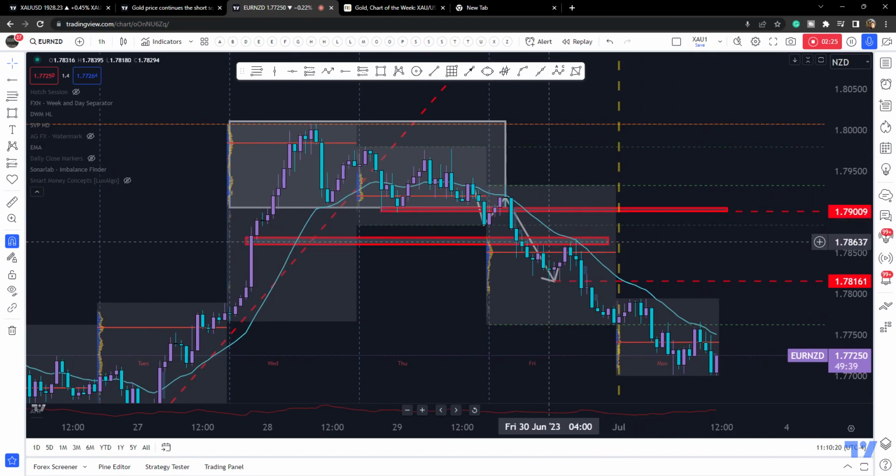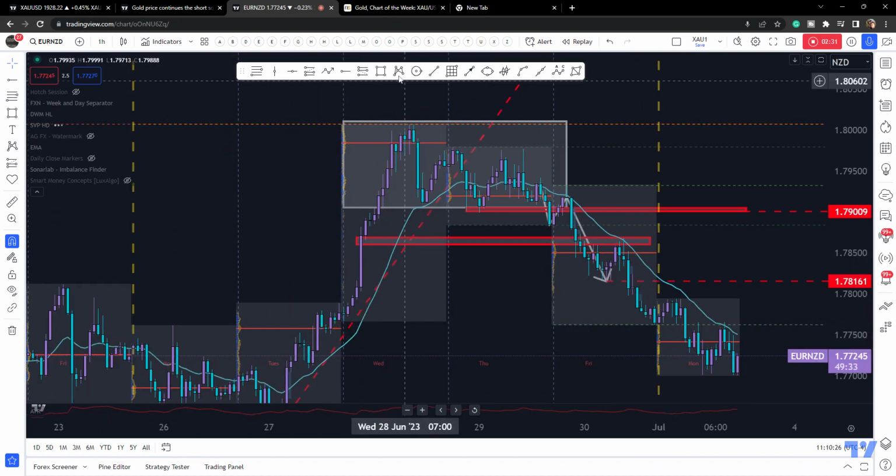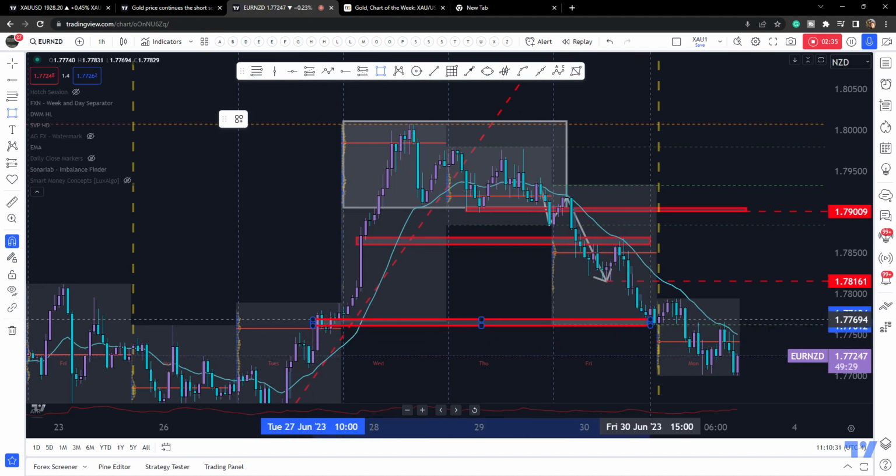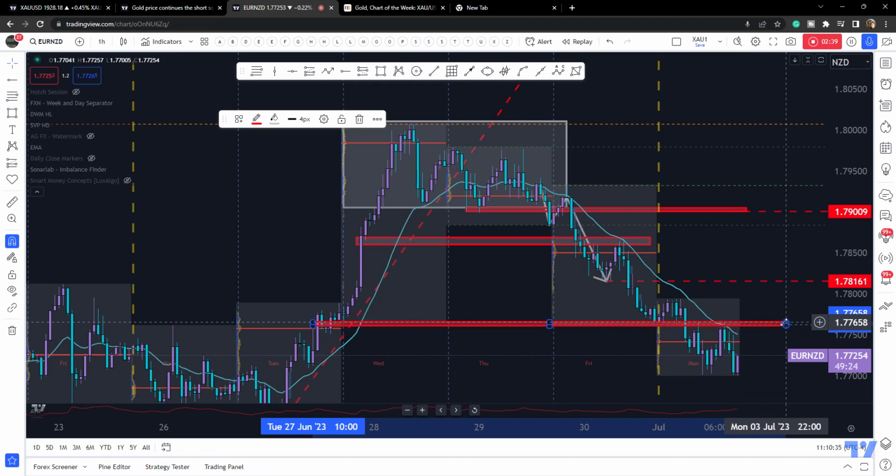Okay, we continue, and on Friday we continue lower. Ended the day low, testing over here as support, which probably now acts as resistance again. So it broke that support. So it would have been green at that point. We broke it, we've come back up, and it's acting as resistance.